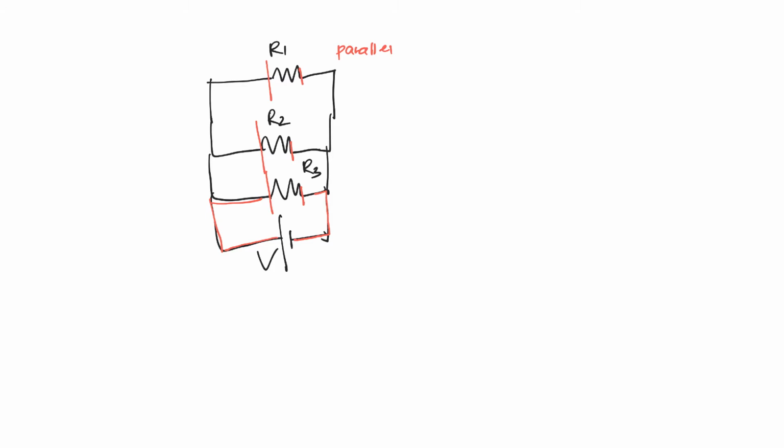As you can see, V1 equals V, V2 equals V, and V3 equals V, because you can say that as if this is a battery, and that's the reason why you get the same V for all of R1, R2, R3, which is going to be the same as the V for the power supply.